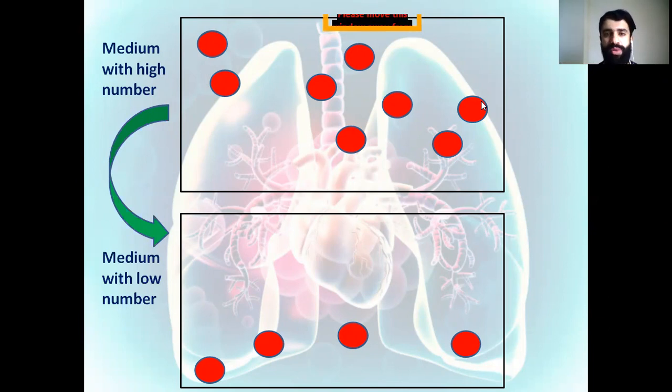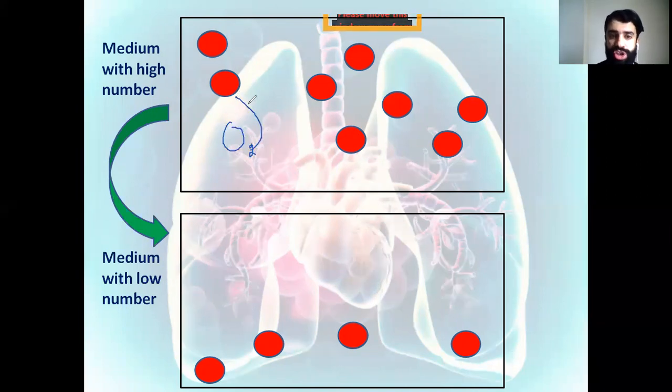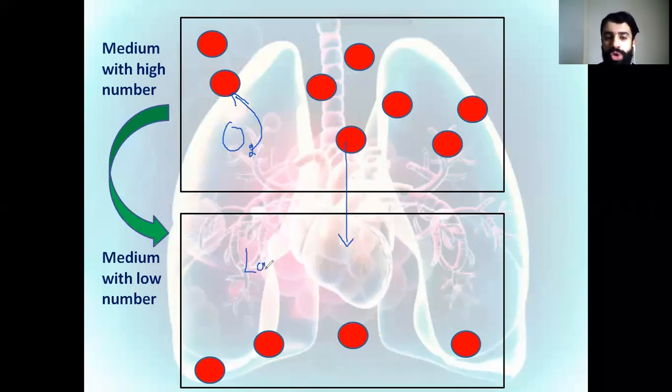For example, imagine that we have a high amount of O2. These red spots are the oxygen. So the O2 will move to a medium containing a low amount of O2. They diffuse.